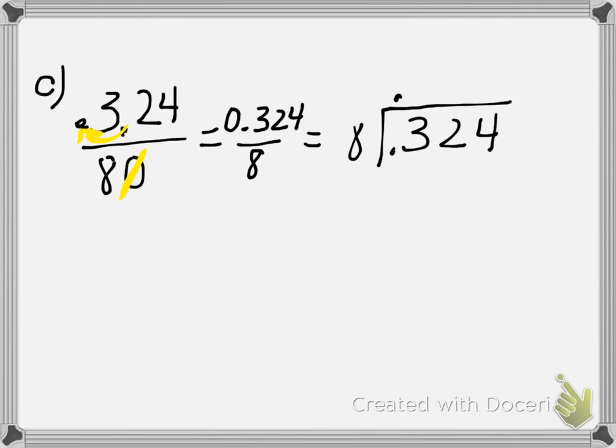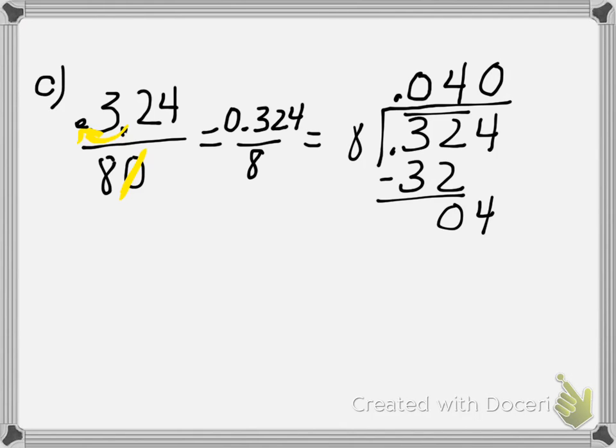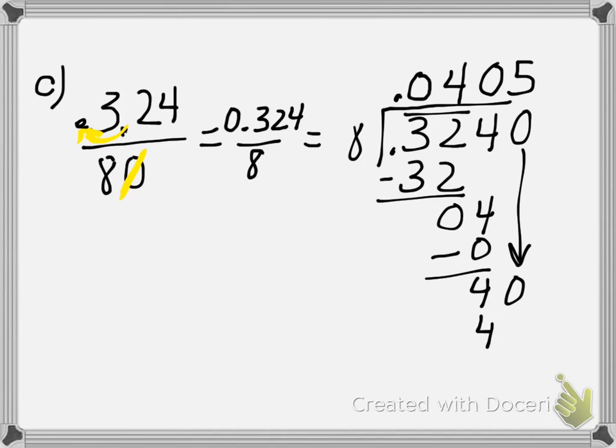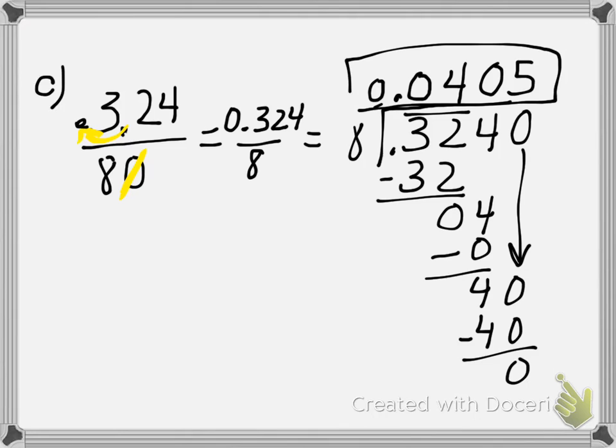So we're going to have our decimal point, and then we'll go into that 0 times. It goes into 32 4 times. So we're going to see our pattern here again. Go in a 0, which would be 4, add a trailing 0 to the end, and 8 goes into 40 5 times. So 0.045.